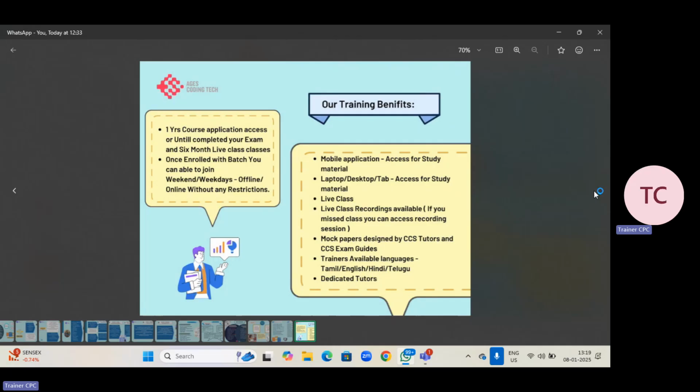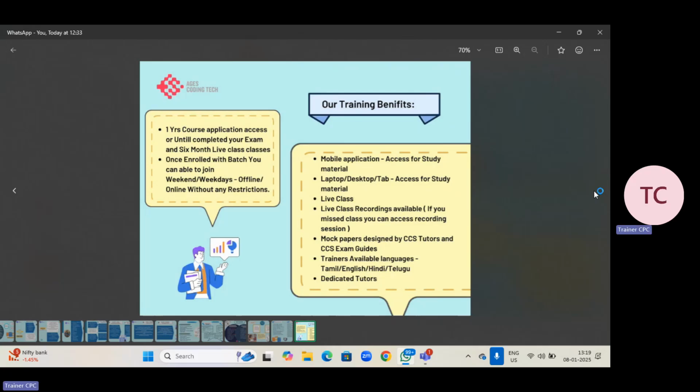If you have missed a session, again you need to wait to attend. You can attend in the next batch, like that they'll say. But here you are having that recorded session. So due to some unavoidable circumstances, if you're not able to attend, or if you're attending online batches and your network is not stable, then the recorded session is going to be available. So in a later date, you can view it.